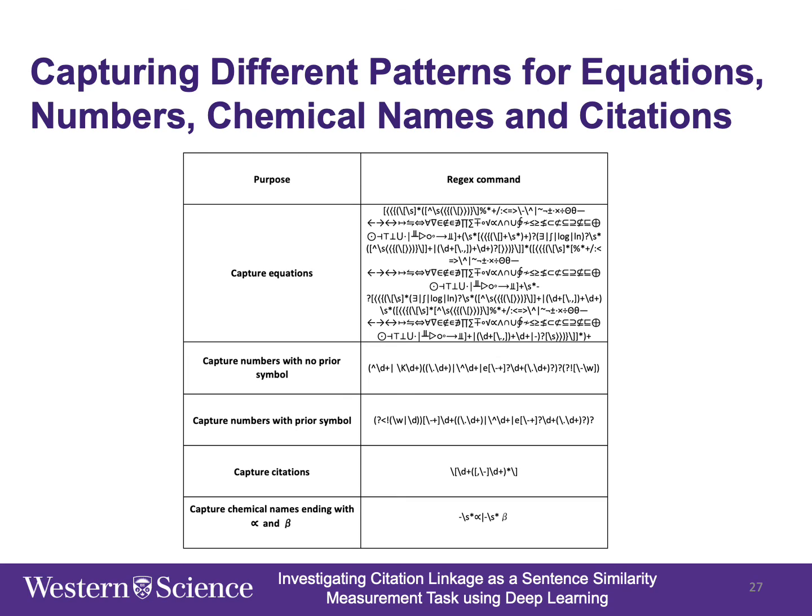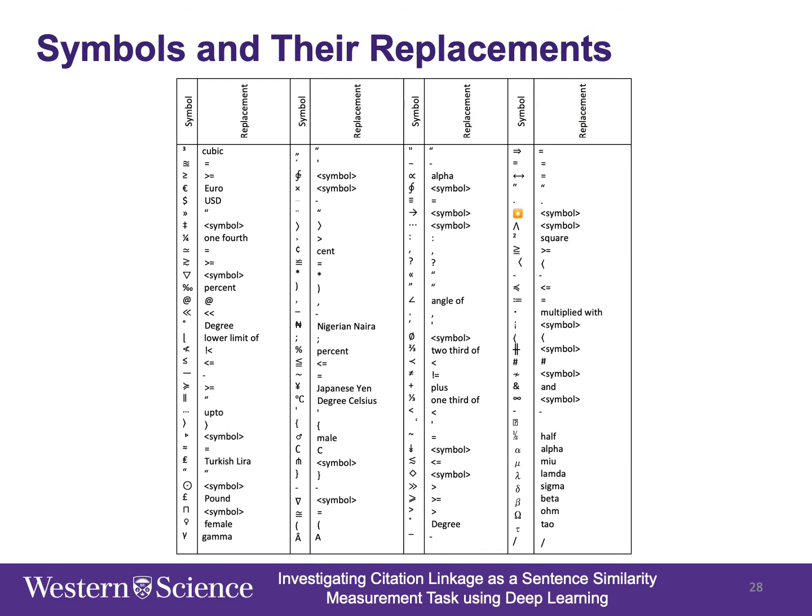Then we captured the citation indexing systems and got rid of them and replaced the Greek letters with their corresponding word names. Here is the list of the symbols and their corresponding replacements. The odd columns show the original symbols that we got in the papers, and the even columns are their corresponding replacements.